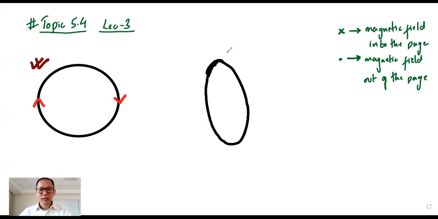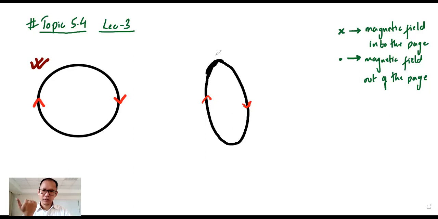If I'm saying that the current is flowing in this direction, then what? The way I find the north is by curling my fingers in the direction of the current, and the thumb gives you the direction of the north.